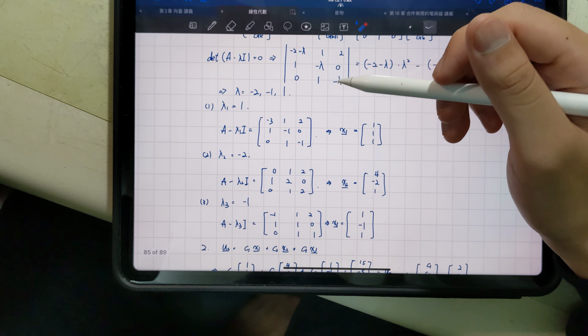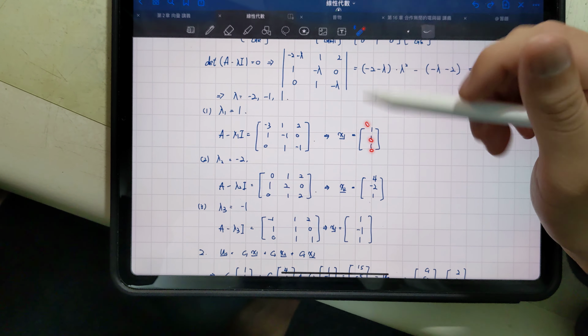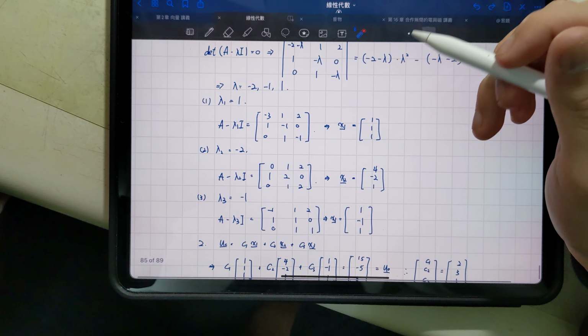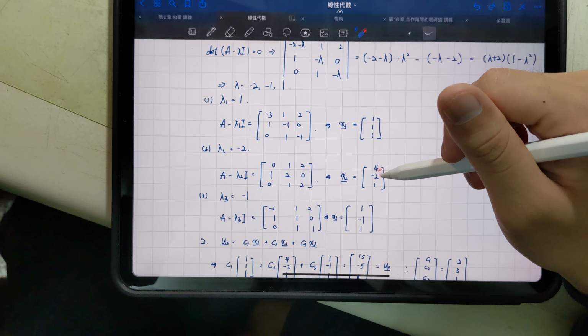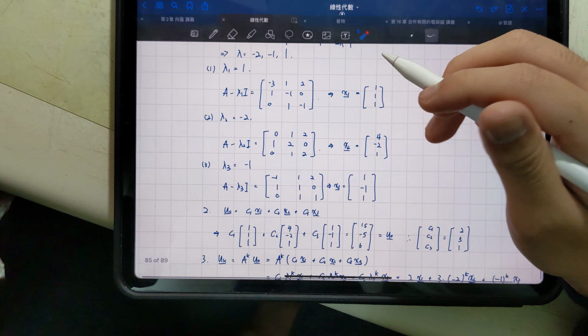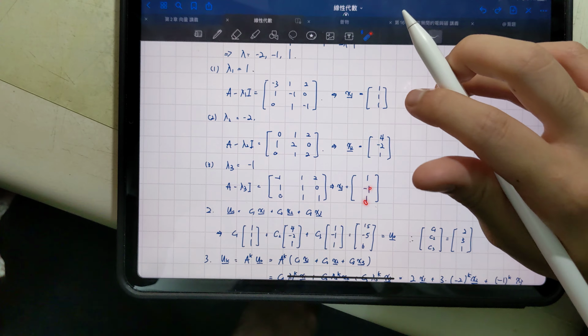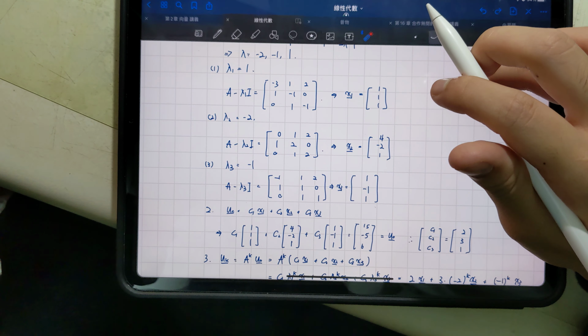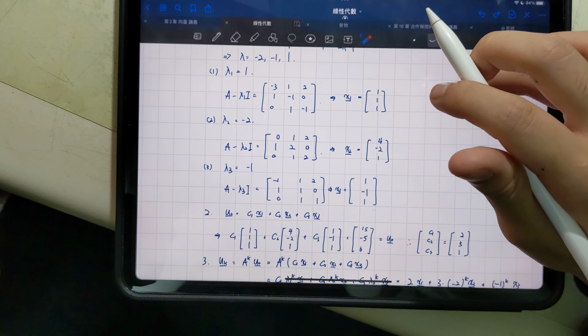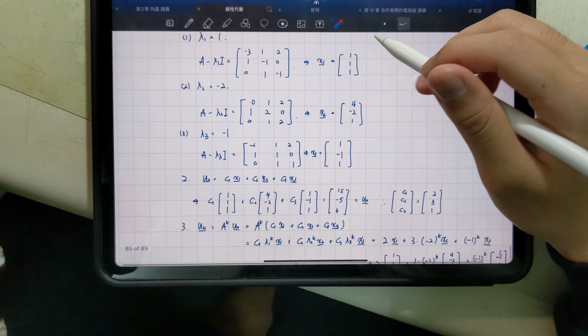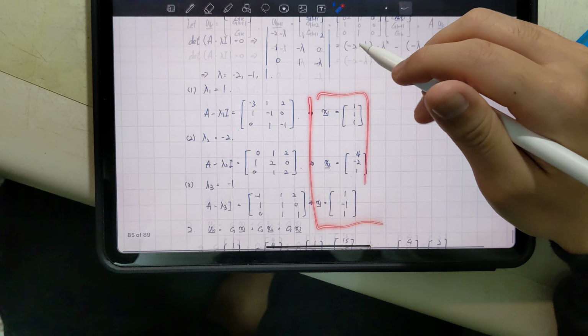The first eigenvector is 1, 1, 1. The second eigenvector is 4, -2, 1. And the final eigenvector is 1, -1, 1. So we get these three eigenvectors and eigenvalues.